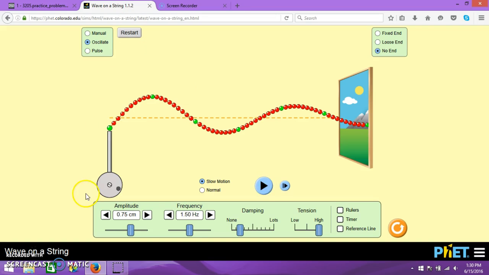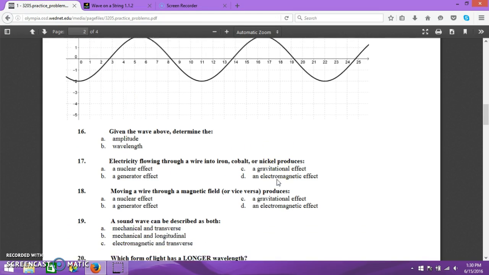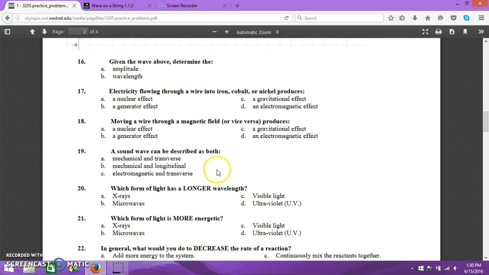A longitudinal wave is harder to visualize. Sound is a longitudinal wave. To visualize sound, it's like a slinky, right? It's got these areas of compression and these areas of rarefaction. And so this is asking about a sound wave.